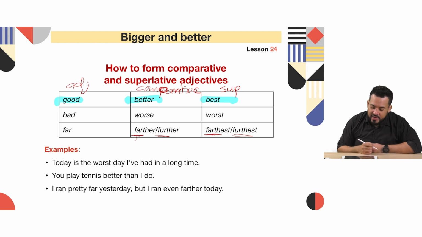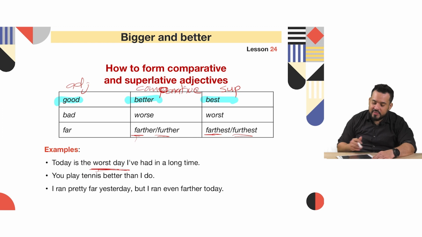Today is the worst day I've had in a long time. So here we used worst day instead of using the baddest. We don't say baddest, just wrong. There is no baddest in English. That word doesn't exist. You can play tennis better than I do.